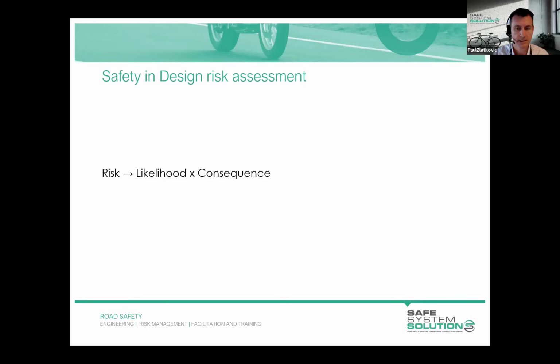We express risk as a combination of the likelihood of an event and its consequence, and we'll use a risk matrix to assess the likelihood and consequence of an event and determine a level of risk.